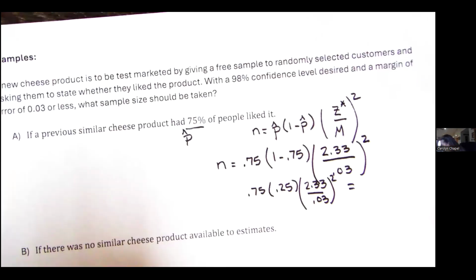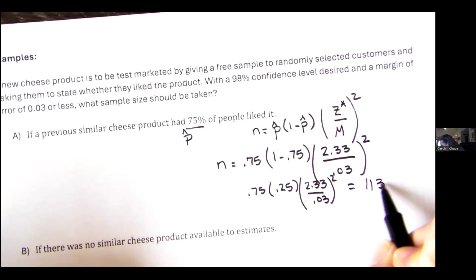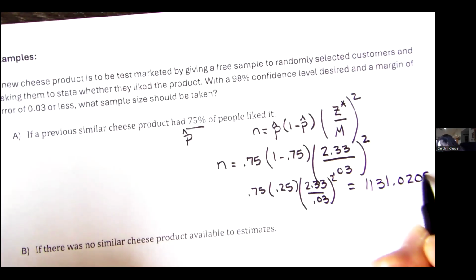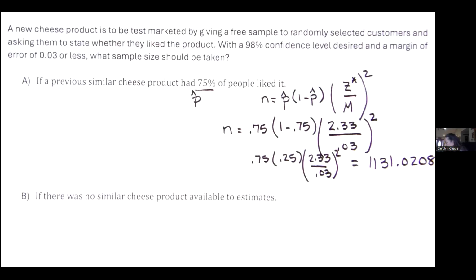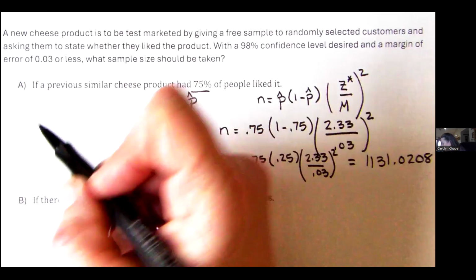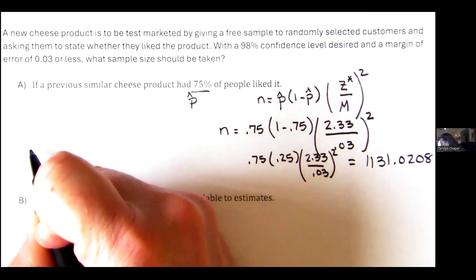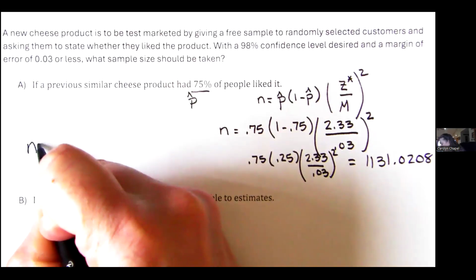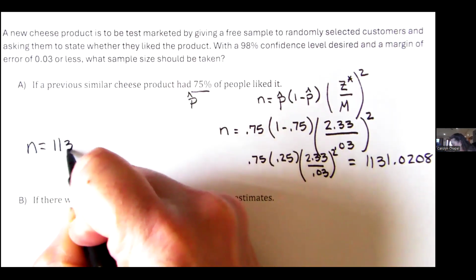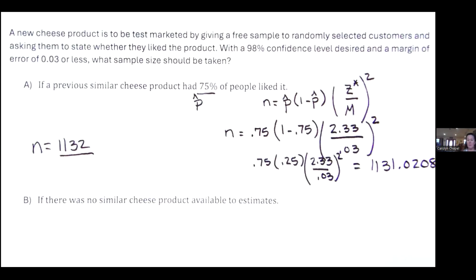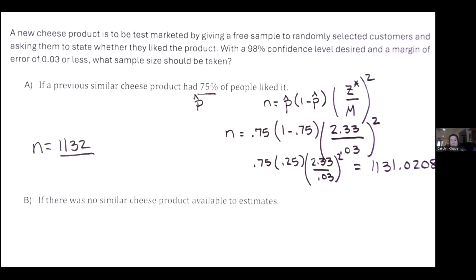And I came up with 1131.0208. Now we have to remember n stands for sample size, so we always round to a whole number, but we always want to round up, because if we round down, we are not necessarily going to get the accuracy that we're looking for, whether it be in the confidence or the margin of error.